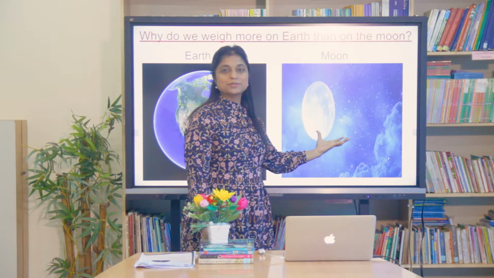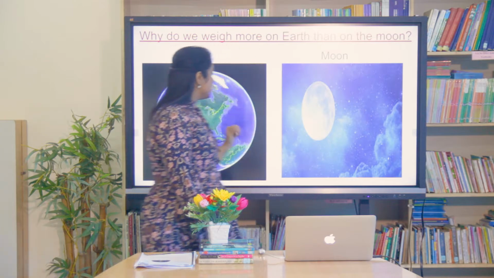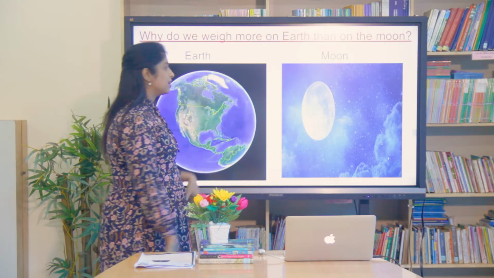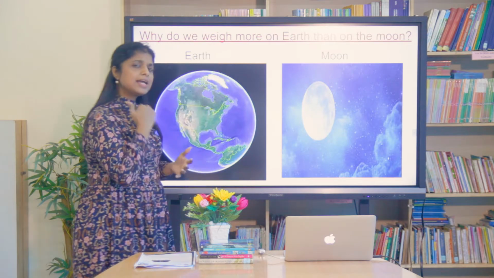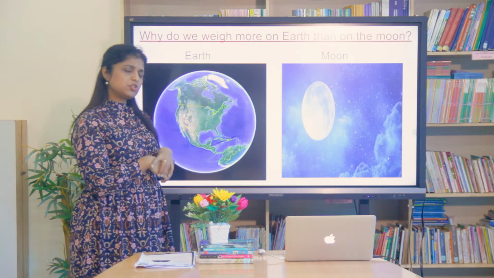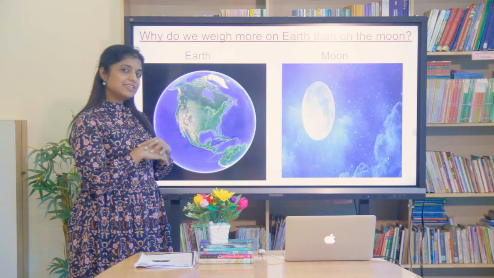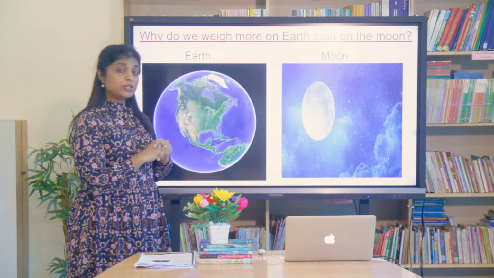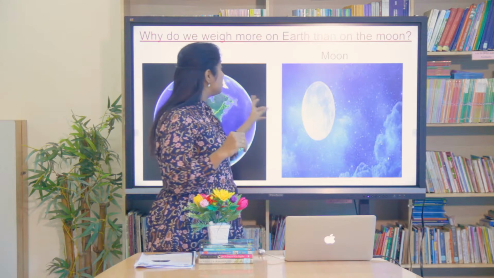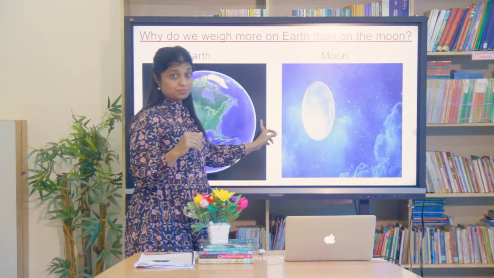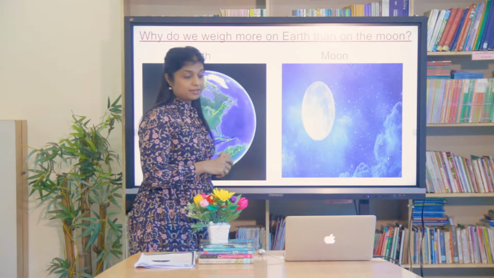It's the moon. You're right. So we have Earth on the left side, moon on the right side. So why did I keep these two pictures first? Because we are going to learn about some similarities and some differences between these two. Okay? Get ready.